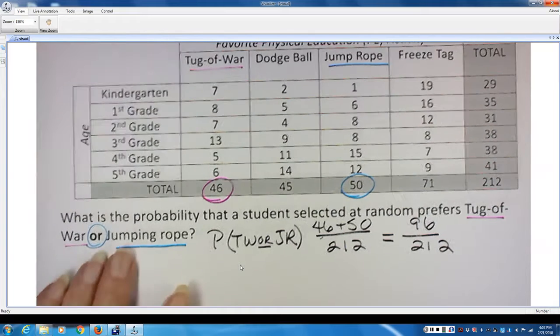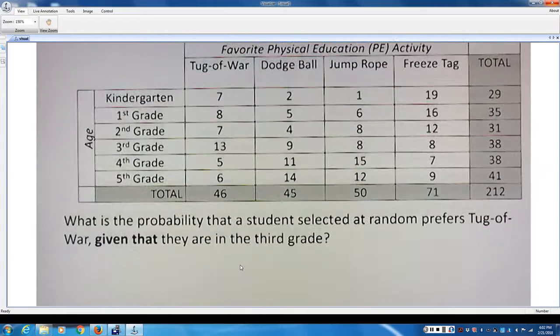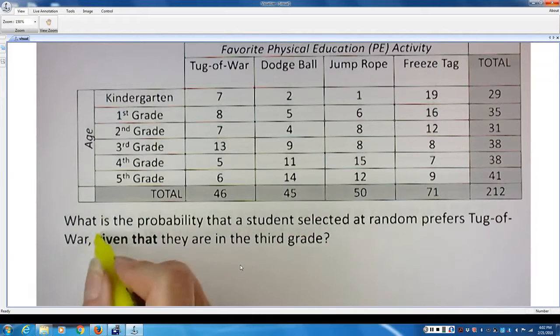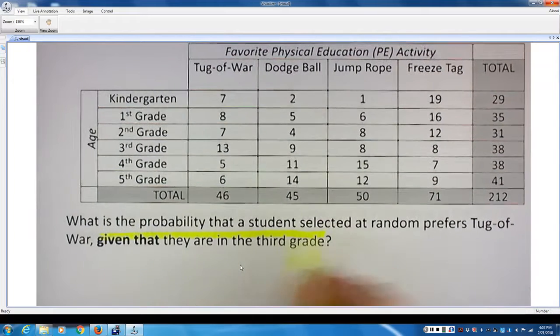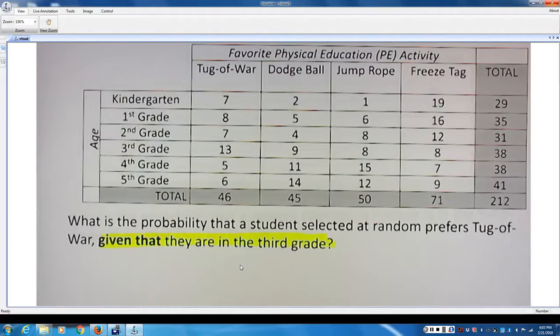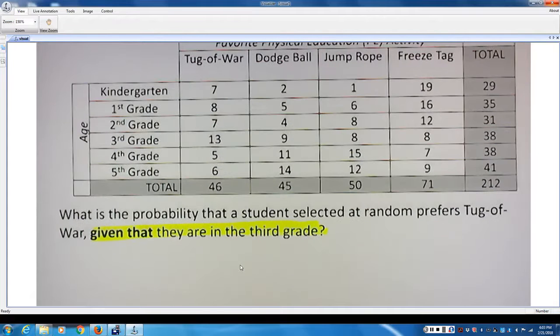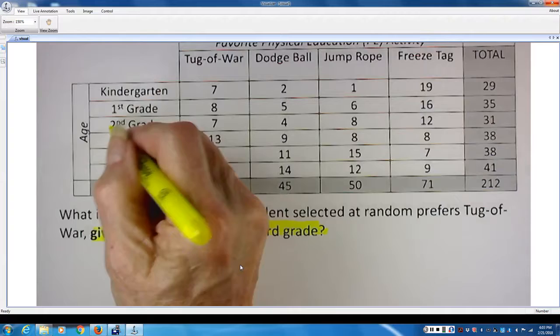Now, these are going to get a little harder as we go along, so pay careful attention. If you don't understand something, ask. We've seen this one before. What is the probability that a student selected at random prefers tug of war, given that they are in the 3rd grade? What is the only row in that table that I am interested in? The 3rd graders.